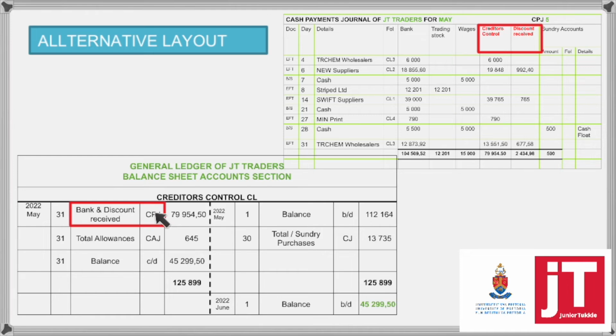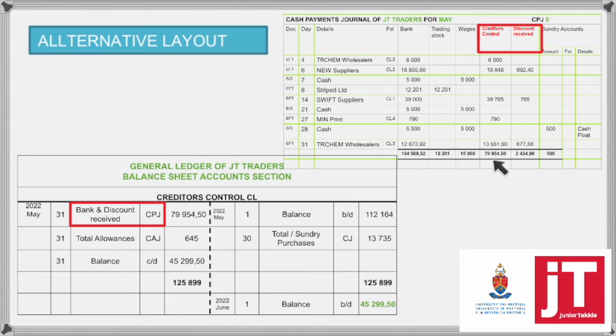And that is that if we have the creditors control column there and the discount received, I'm only going to post one total. And the reason for that is because this creditors control column will include that 2,434 Rand 98 discount. So that was the total owed, and that's the discount.